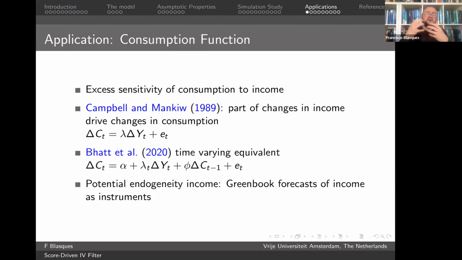In a sense, consumption is too reactive to short-term fluctuations of Y_t, and they propose a model of this type. Well, it's a very incomplete model in a statistical sense because there's a lot missing here. Also, there's simultaneity, because consumption depends on income, and income depends on consumption in a macroeconomic sense, right? These things are all related.